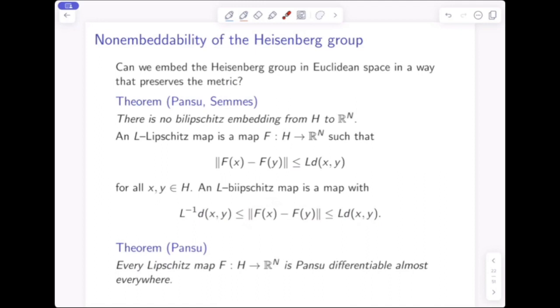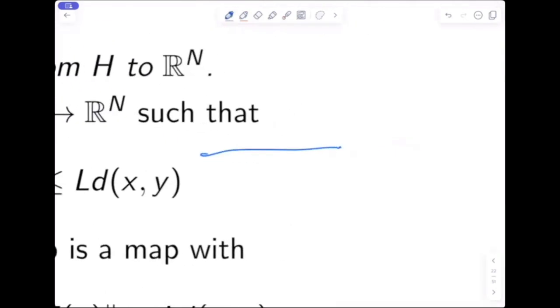And so what does it mean to be Pansu differentiable? Normally, when we talk about a map being differentiable, say a map from a line, from R to R2, what does it mean that that map is differentiable?